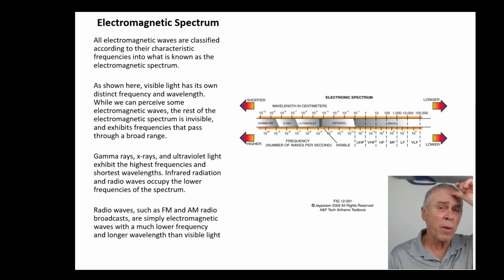Communication takes place by radio waves. Radio waves travel at different frequencies, and those frequencies are known as the electronic spectrum. So you'll see some terminology that you might know from earlier versions of television. Well, I suppose current versions: UHF, VHF.